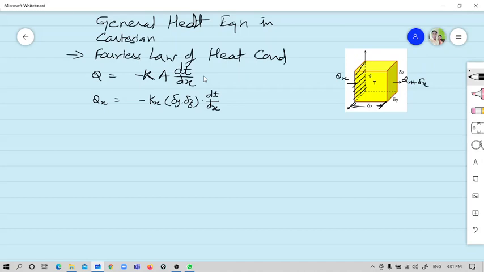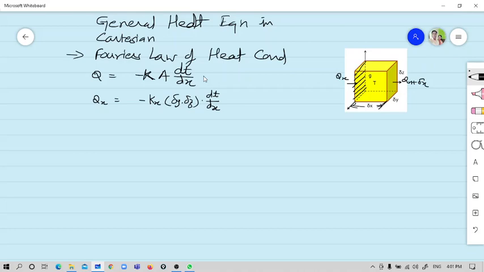Okay. Now let us further assume that this is the rate of heat transfer, that means heat transfer in 1 second, per unit time. So if we want to find out heat transfer in a particular time duration, then we will have to multiply this whole term by the time delta tau, and then this qx will be converted into energy.